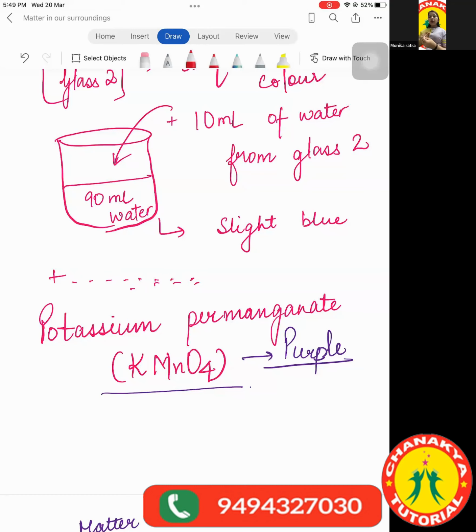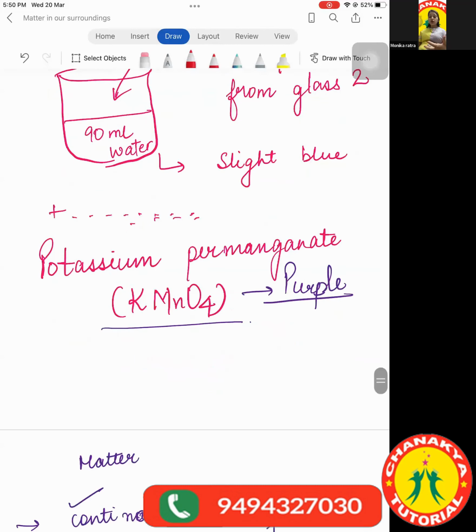The same activity we do in class with the purple colored salt in the lab, which you are going to do in your school probably, using this purple colored salt, which is potassium permanganate. The same thing happens with this salt. It is initially purple in color, and when we keep on transferring the solution, the purple color gets lighter to pink, but it keeps on transferring the color to a lot of water.